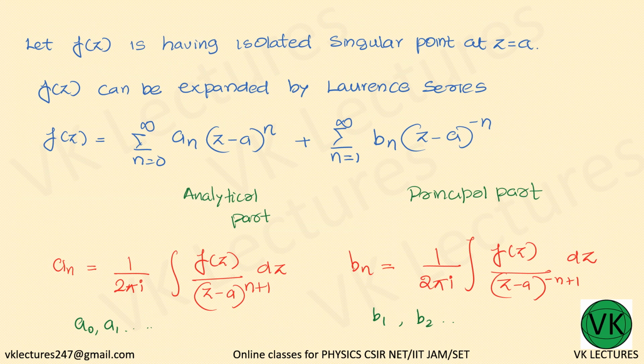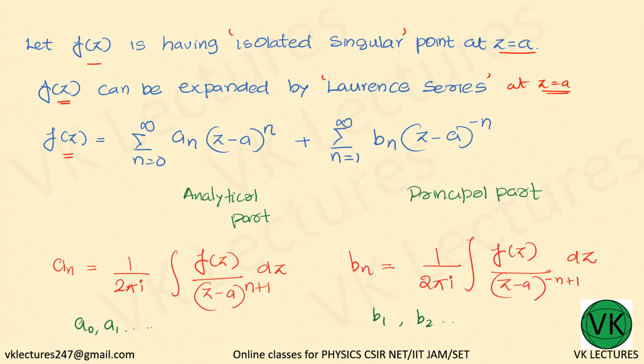All right. Let us assume that we have a function f of z, which has an isolated singular point at z equal to a. Then, according to the Laurent series, we can expand f of z at z equal to a, and this is how you can expand it.